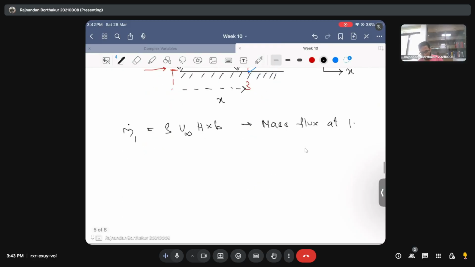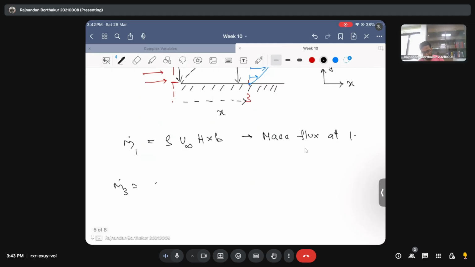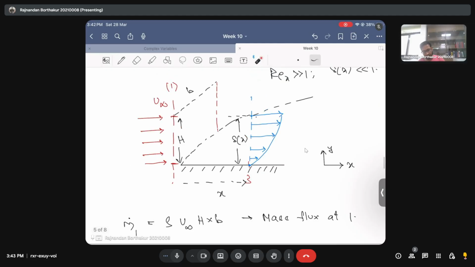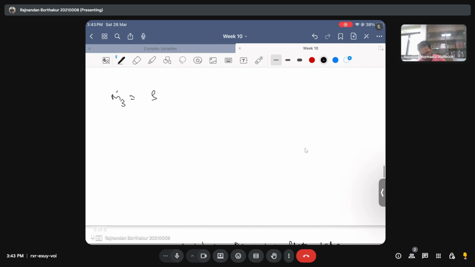Now if I calculate m dot 3, which is the mass flux at station 3, I will say that this is equal to an integral, because now I know that this velocity is no longer just u infinity, but a function of y. So I'll pick any generic y, take a small strip dy, and then evaluate dm.